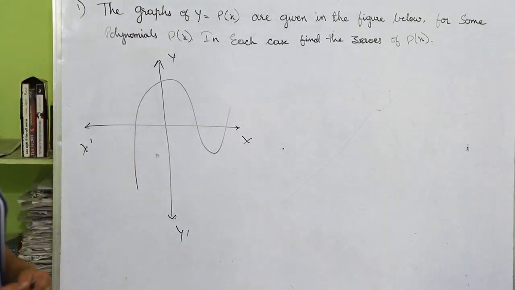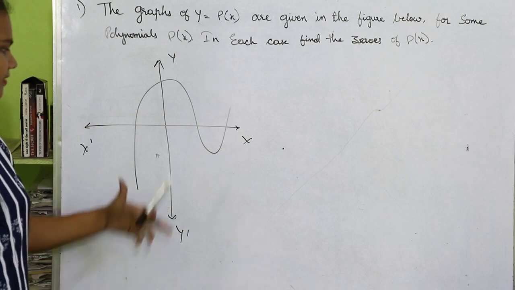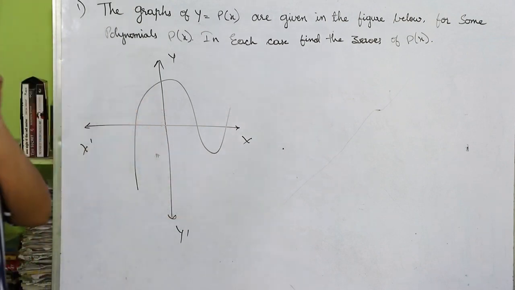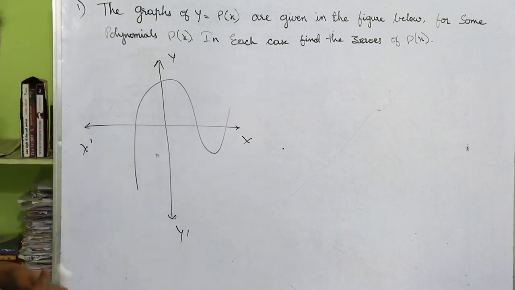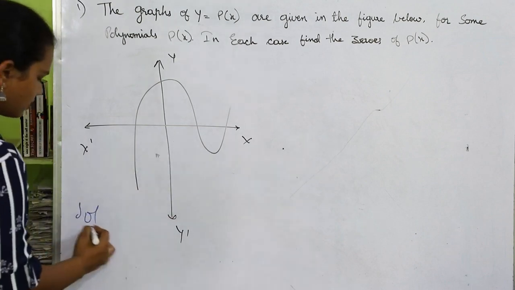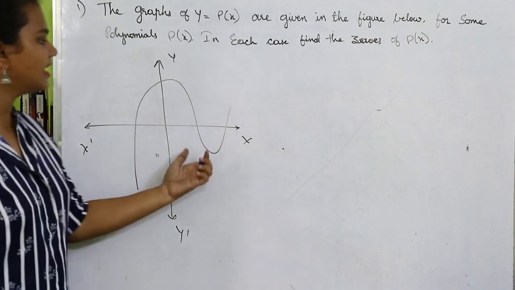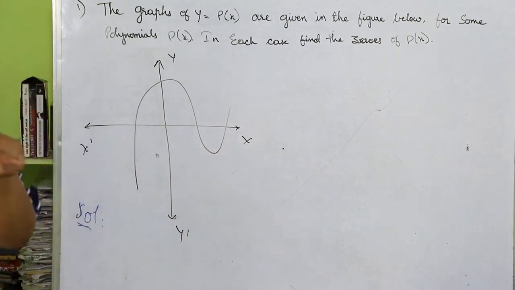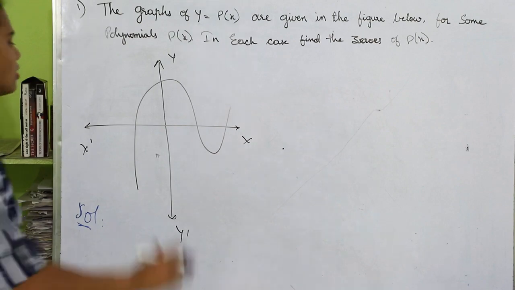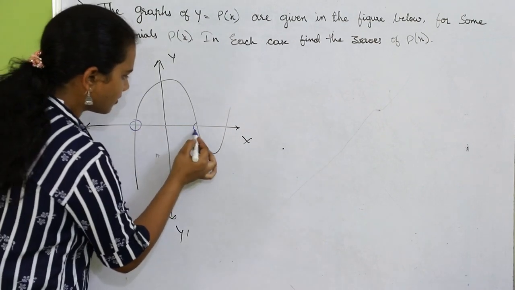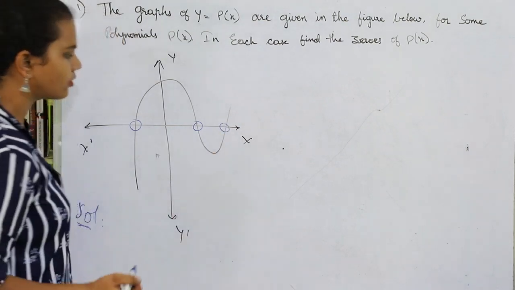How many zeros of the polynomial are there for this given graph? 3, 2, 1, go. So how many points are there for this given graph? How many zeros of the polynomial are there? Yeah, you have 1, 2, 3. You only have 3.